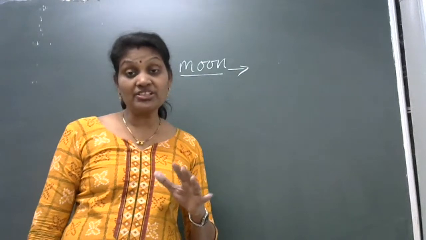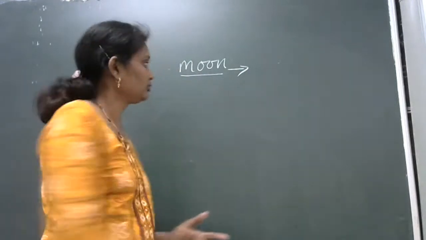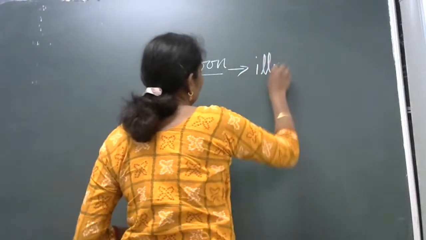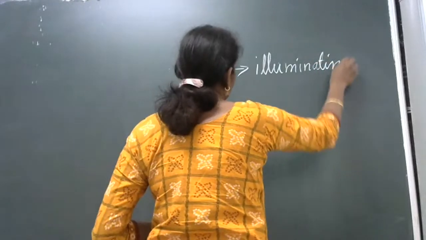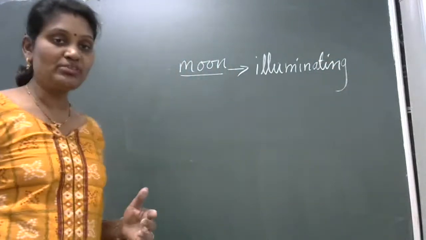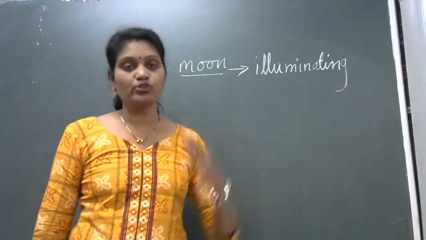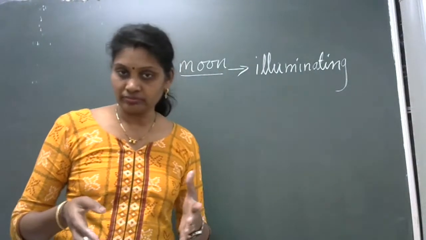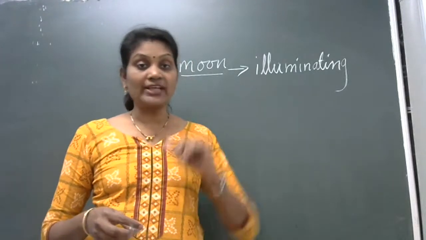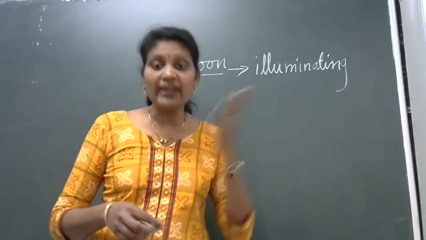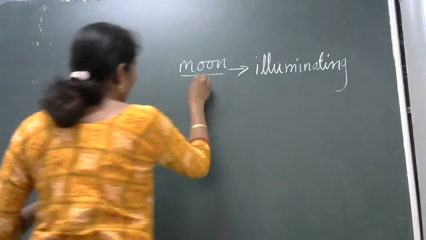It is illuminating means it is reflecting the light. यानी जब सन का लाइट उस पे गिरेगा तभी वो चमकेगा. समझ में आ रहा है स्टूडेंट्स? It is not emitting the light, it is reflecting the light.